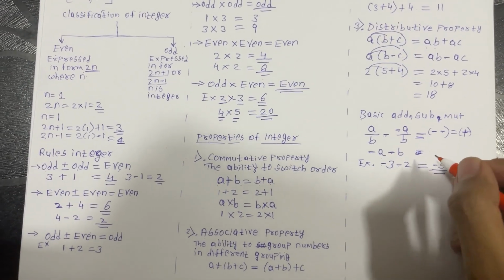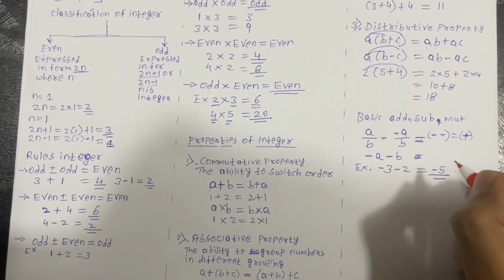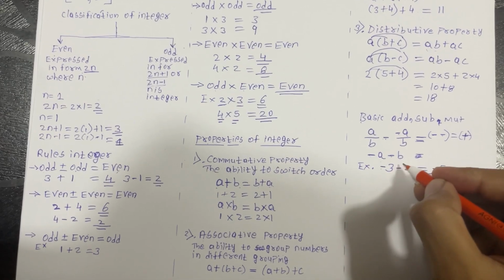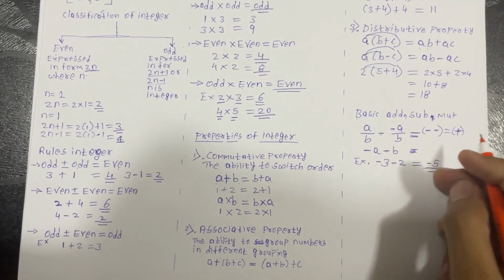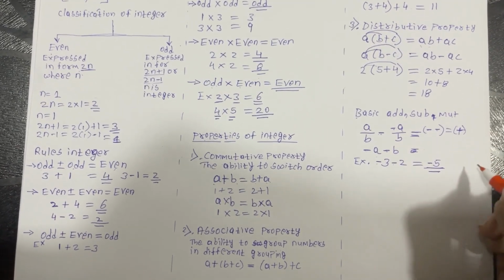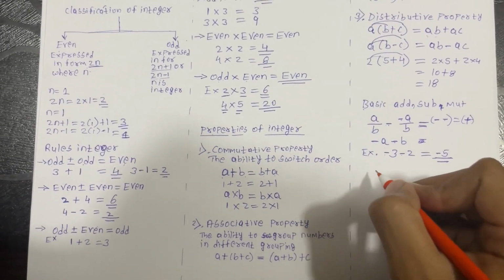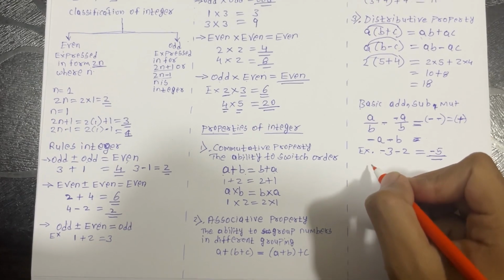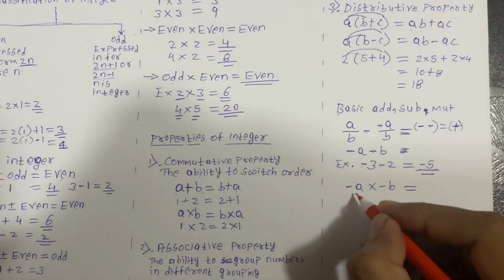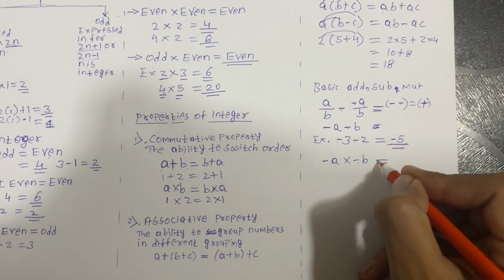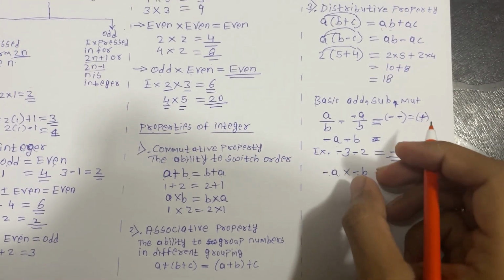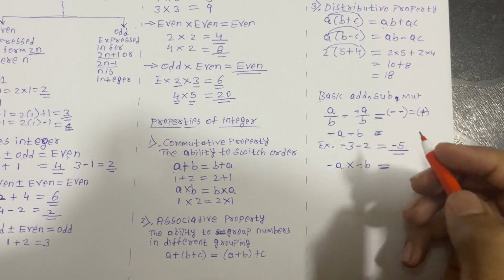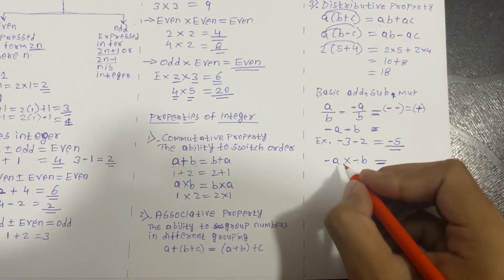Okay, so we have to keep this in mind also while solving. Most of the students I have seen don't use this correct method while solving. So they just do 3 minus 2 and then they get a wrong mark. So further, in multiplication, if it is given minus a into minus b, then what we have to do? We have to apply the same rule, just a little change.